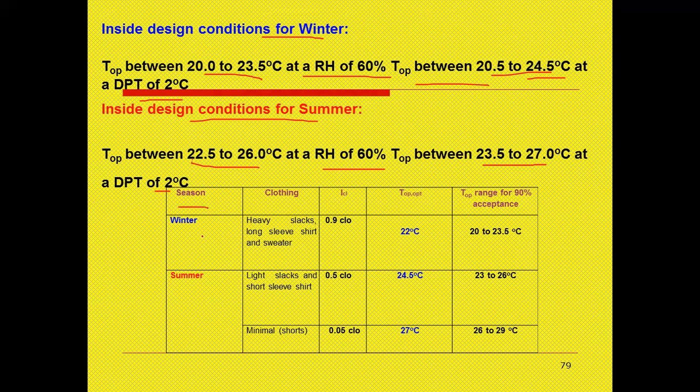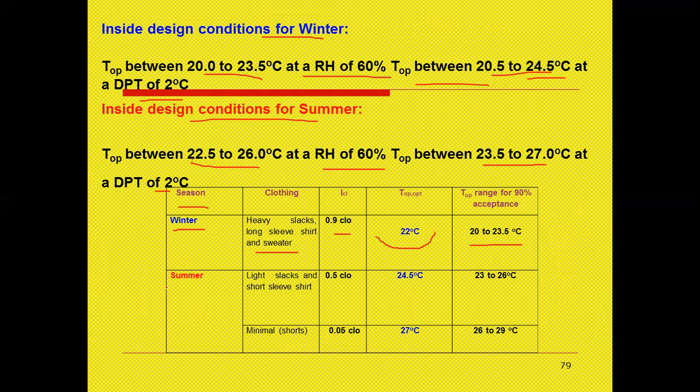In the winter season, we wear heavy slacks, long sleeve shirts and sweaters. For that, the clothing is 0.9 clo and T operative is 22 degrees centigrade, and the T operative range for 90% acceptance is 20 to 23.5 degrees centigrade.